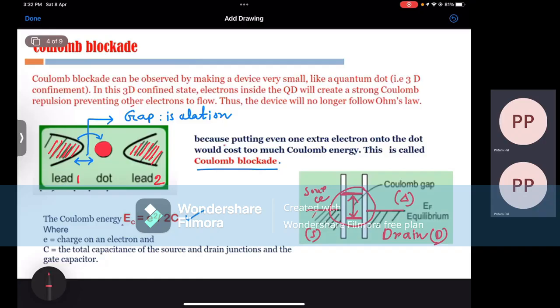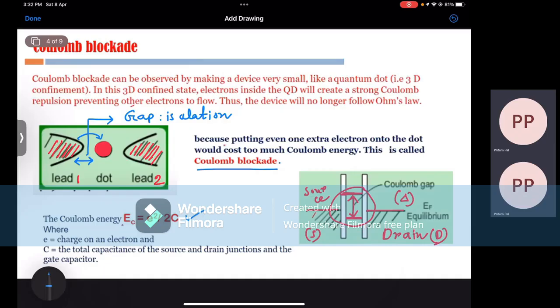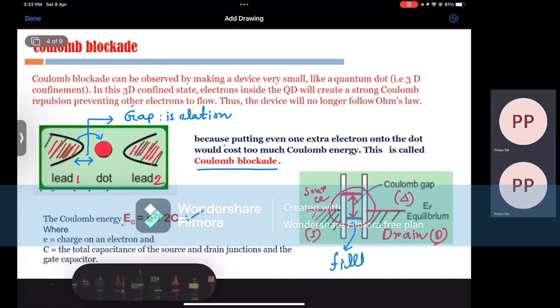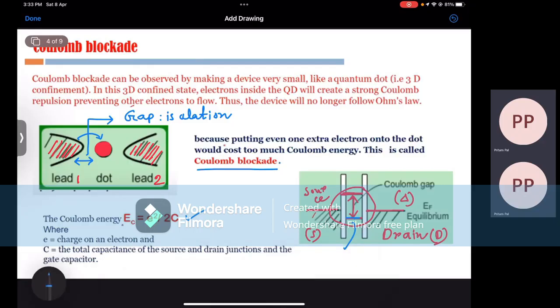So right now in this present situation, this state is a filled state. I'll change the color so that you won't get confused. This is called, let's say, the present state. This is filled.